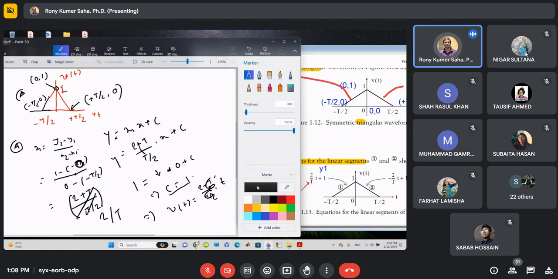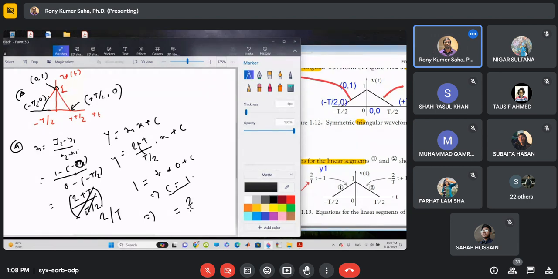So y equal to, because c equal to 1, right? What can you write then?